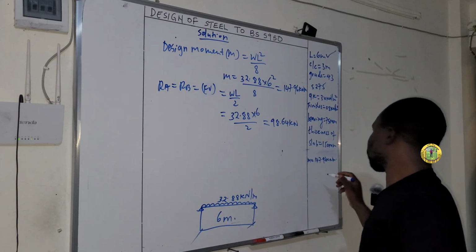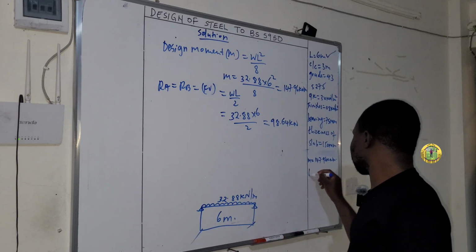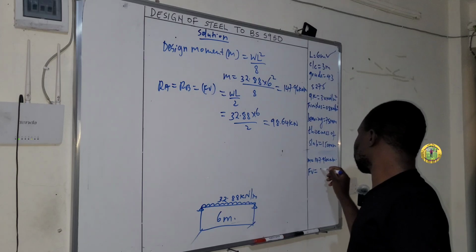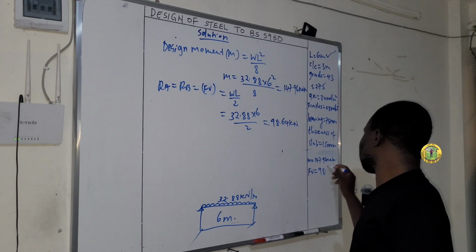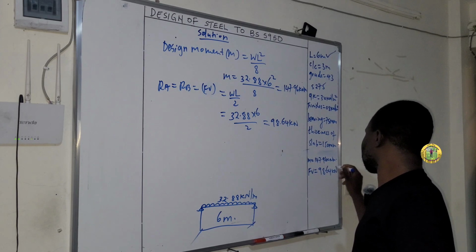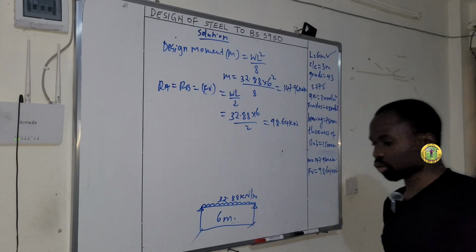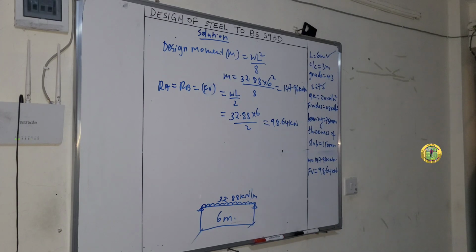Again, we'll come here and say FV is equal to 98.64 kilonewton. After having done so, we'll now proceed to the initial selection.